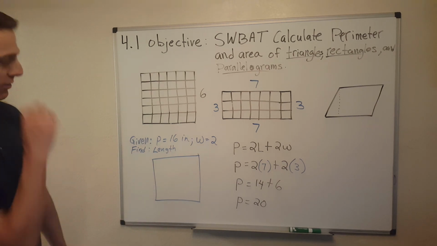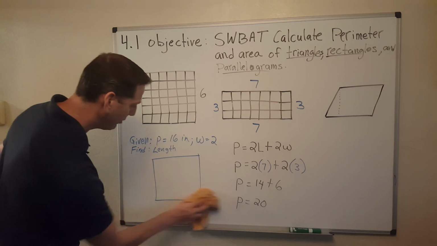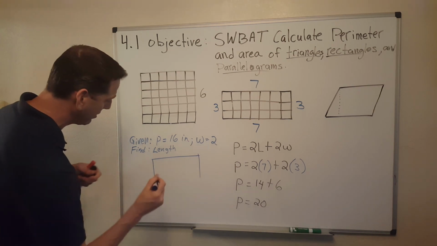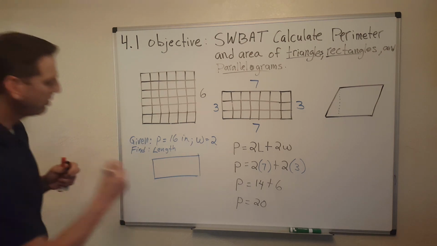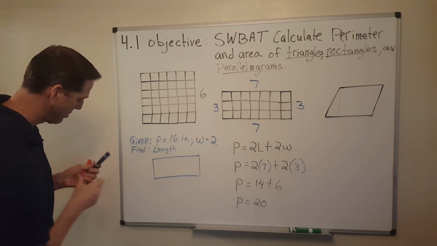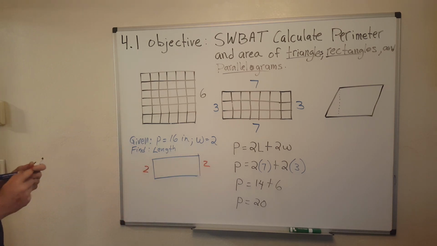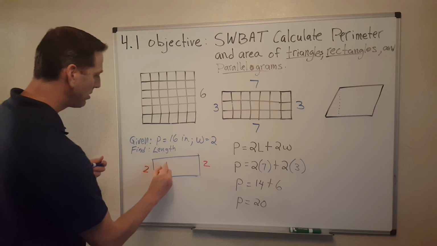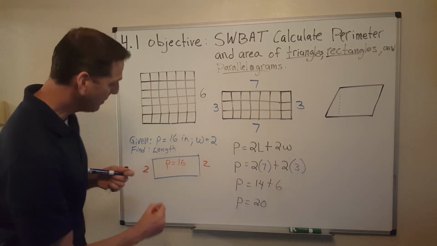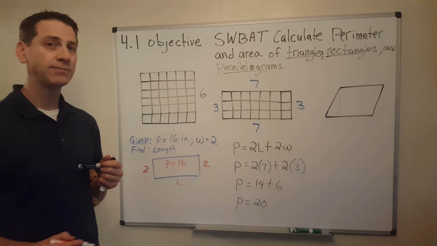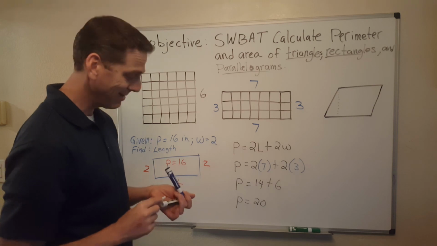Okay. So let's say this is not really drawn to scale. I'll make it a little bit more accurate. Okay, so I know that the width is what? 2? And I know that my perimeter is 16. But what's my length? Well, thankfully, I know a little formula here, right?